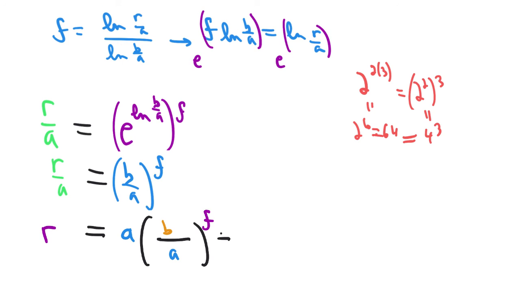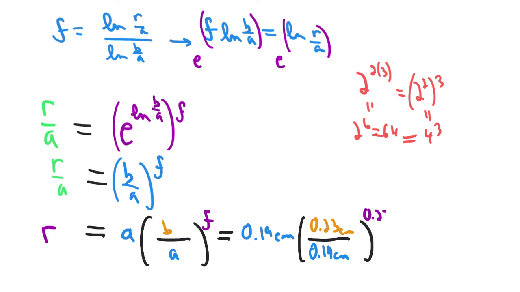We can put in the numbers we were given: 0.19 centimeters times, the bottom here was also 0.19 centimeters, the top was 0.23 centimeters, and the fraction we wanted was 0.27.